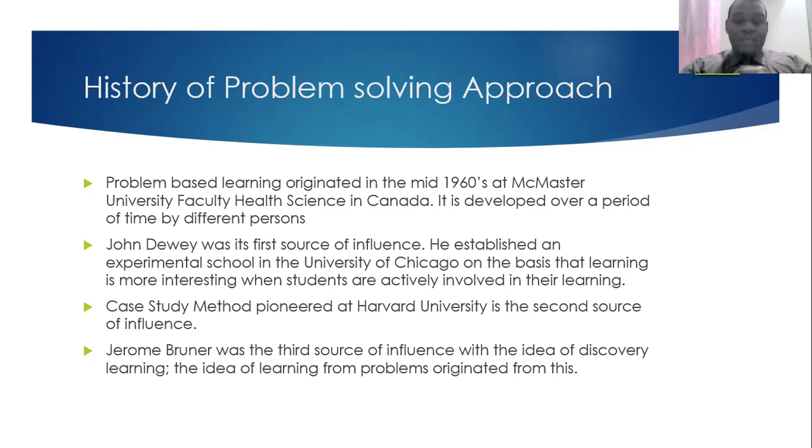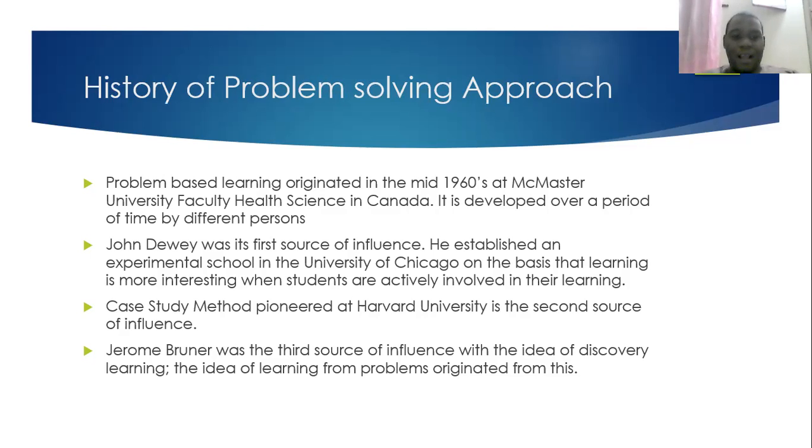Now John Dewey was its first source of influence. He established an experimental school at the University of Chicago on the basis that learning is more interesting when students are actively involved in their learning.